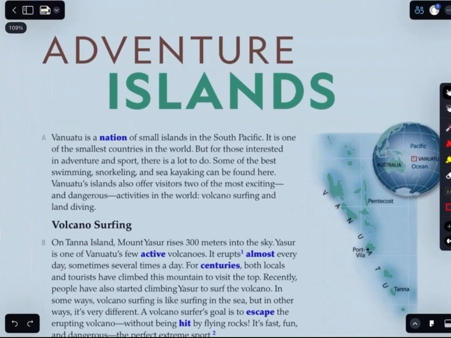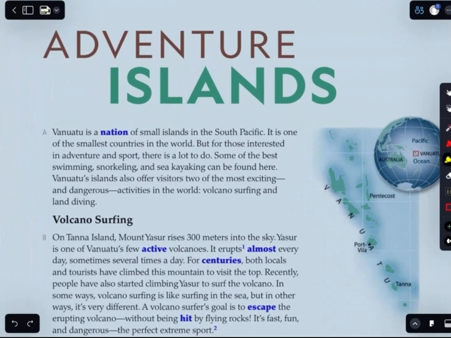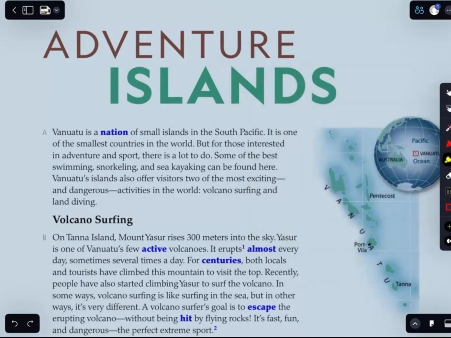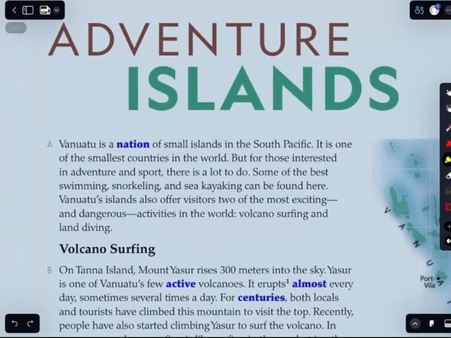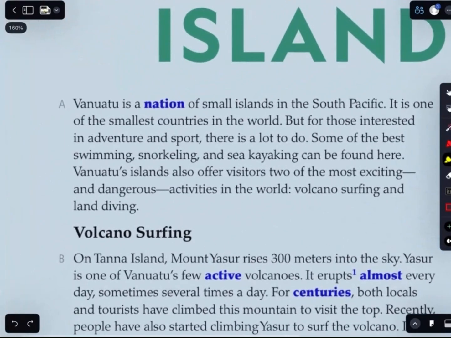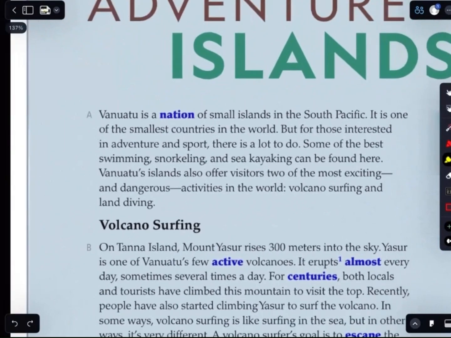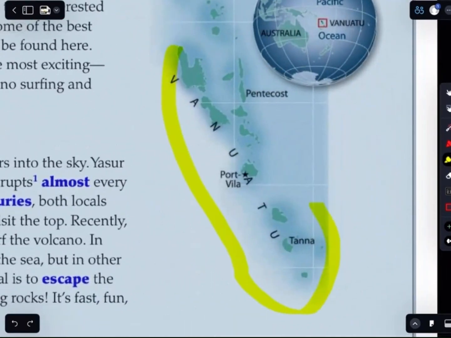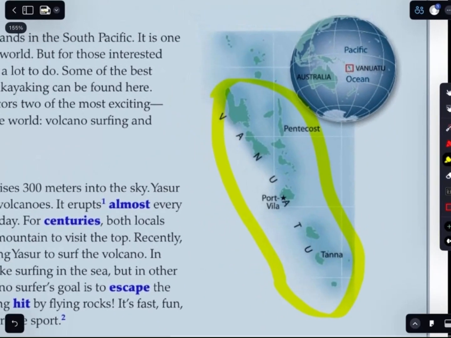Here we go. Adventure Islands. You can follow along. You can shadow me. You can read the text silently in your head. This is Adventure Islands. Vanuatu is a nation of small islands in the South Pacific. Let me just show you that here. So small islands in the South Pacific. There we go.